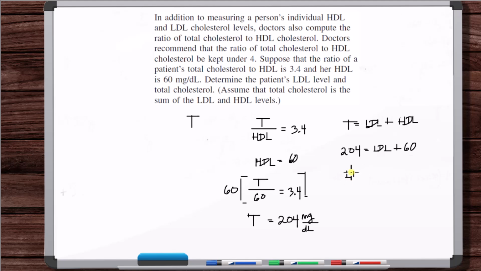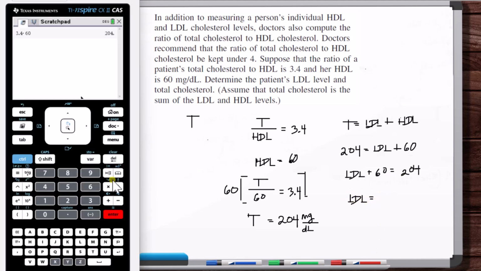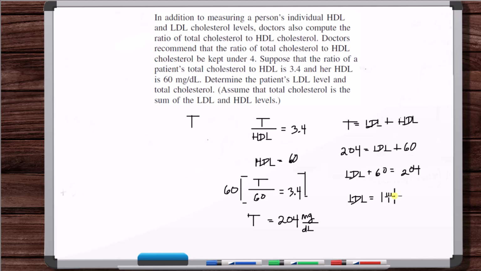To make it clear, we can just reverse the equation: LDL plus 60. So we're solving for LDL, subtract both sides by 60, so we have 204 minus 60, 144. And that's what we're asked to find.